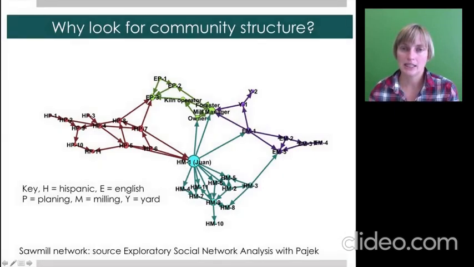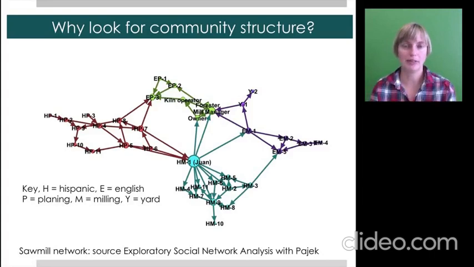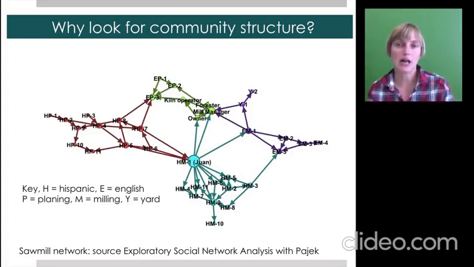And what happened was that the management wanted to introduce a new plan. And they thought that everybody would be on board because it was supposed to be beneficial all around. What they found instead was that there was a lot of resistance from actually the Hispanic workers.